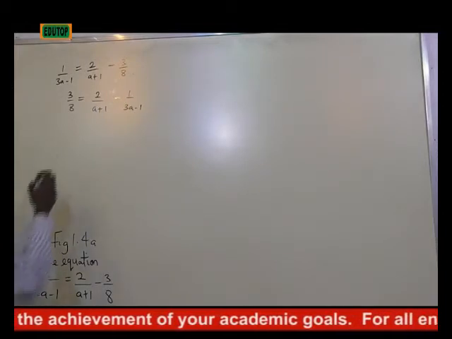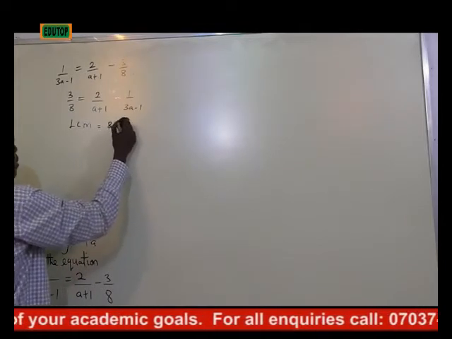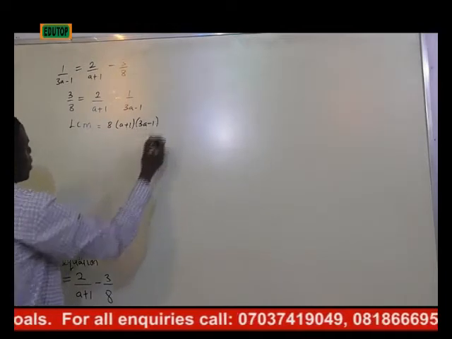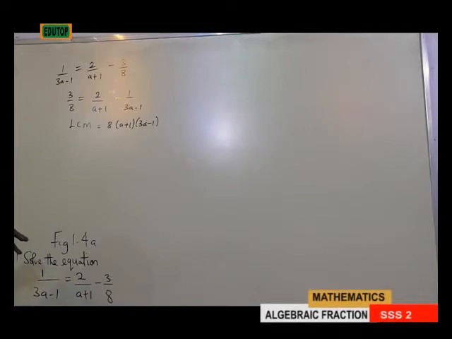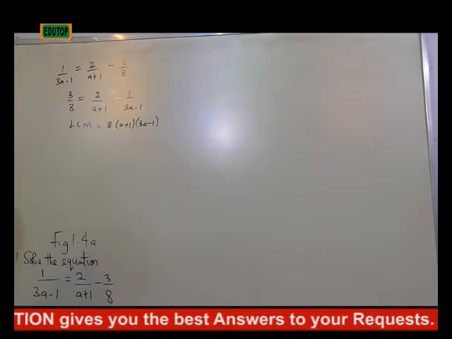The LCM, I look for the LCM, that is the next thing. So we have 8 into a plus 1, 3a minus 1. This is the LCM. So here, I will now use the LCM to multiply each term of the equation.